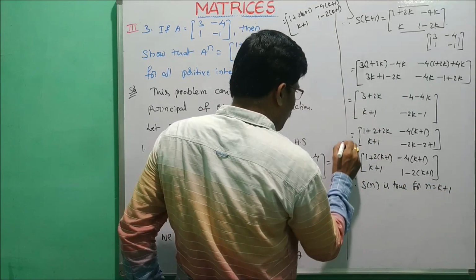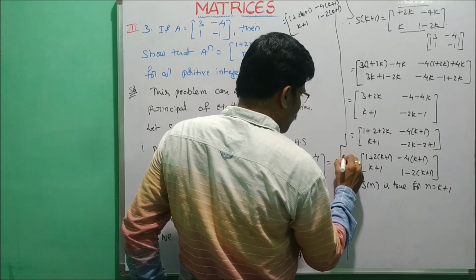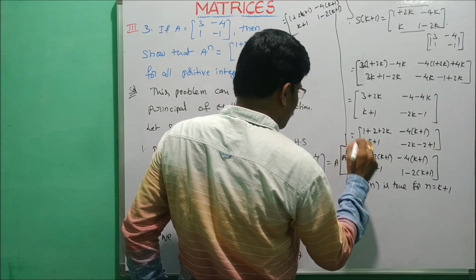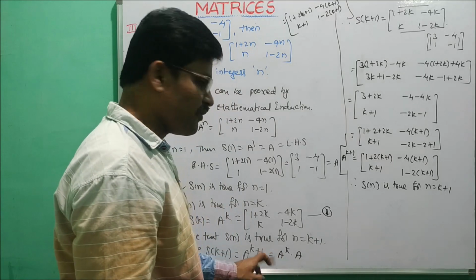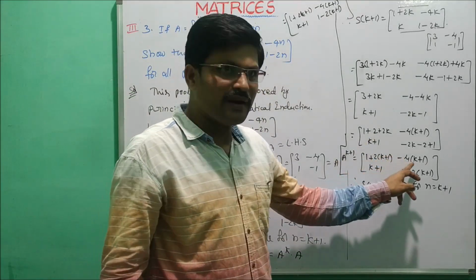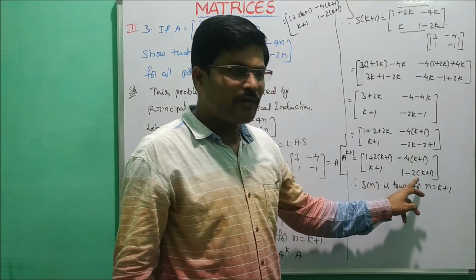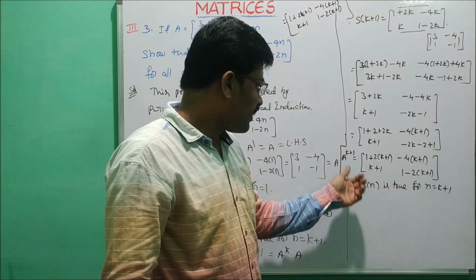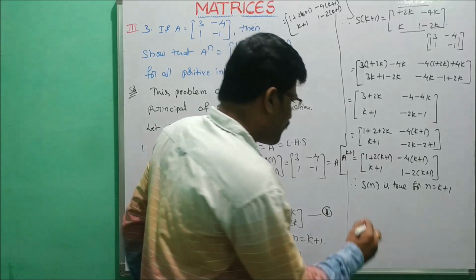Now here we write a power k plus 1. So a power k plus 1 equals 1 plus 2 into k plus 1, minus 4 into k plus 1, k plus 1, 1 minus 2 into k plus 1. Therefore, S of n is true for n equal to k plus 1.